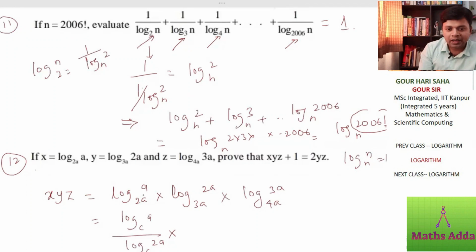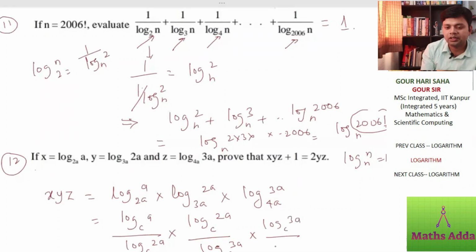So what I am doing, I am bringing here new base c, log of a base c divided by log of 2a base c. This will become log of 2a base c, and this becomes log of 3a base c. Similarly, this term becomes log of 3a base c, and this is log of 4a base c. This term will cancel, this term will cancel.